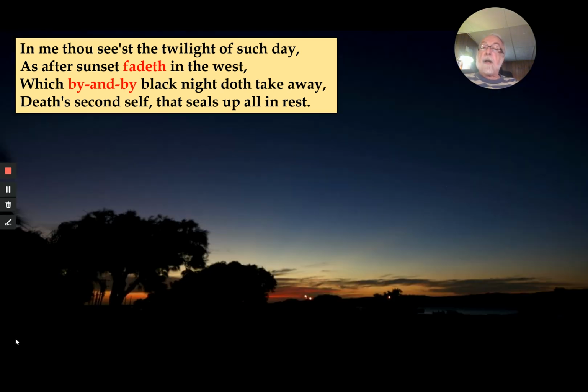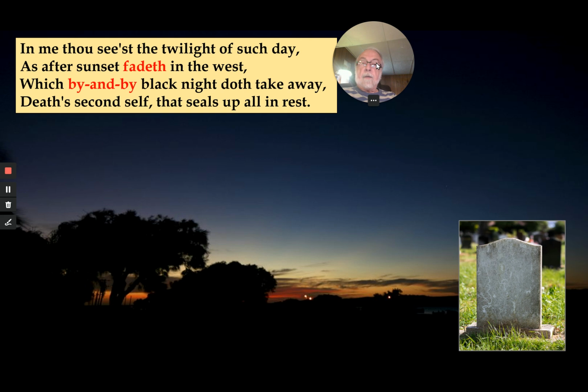And so here you have this idea of the darkness of night coming, or I'm sorry, of the day coming to an end, which is representing once again the guy that is there. We're going to see that as we go on in this picture down here at the bottom, which now shows death's second self.